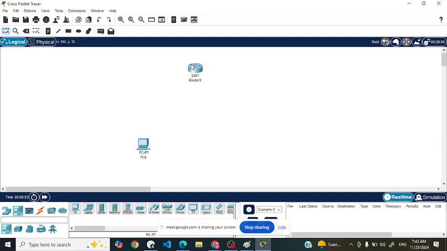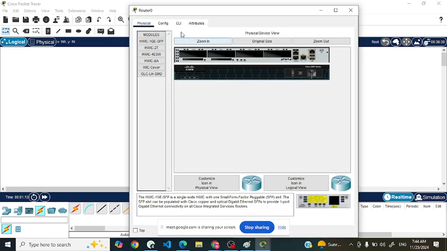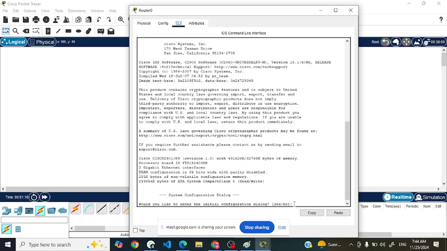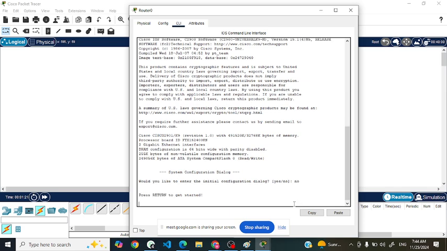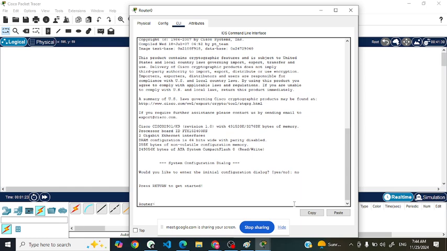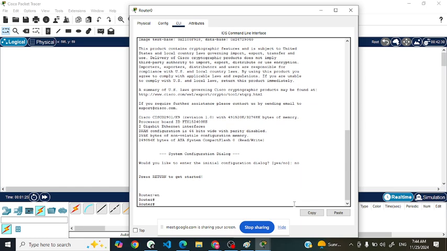So here is a router, and we are going to connect this router with a PC. We want to take remote access of this router from this PC.